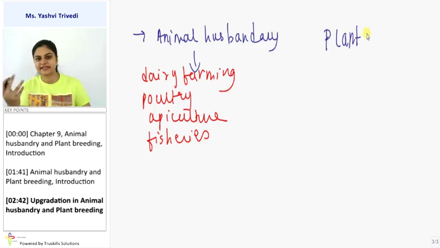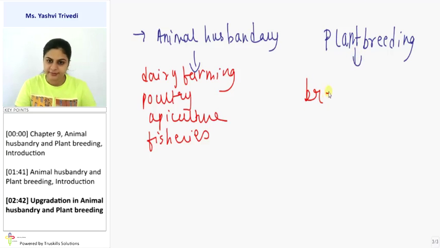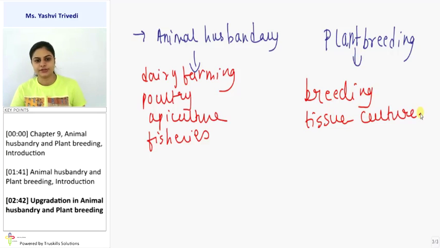As animals are bred, in the same way plants are also bred, and in case of plant breeding you will find various methods of breeding as well as tissue culture. So this is what different types of upgradations have been made.